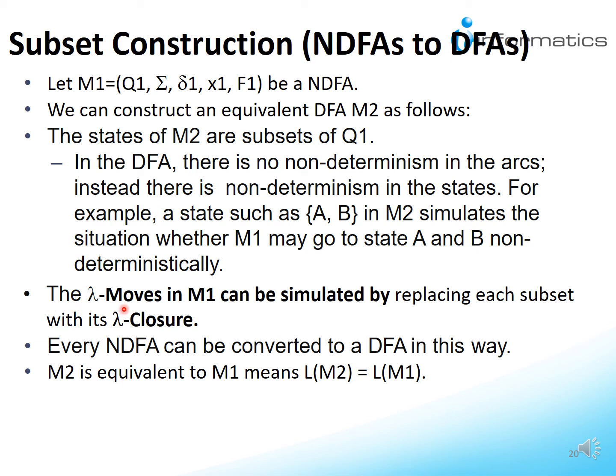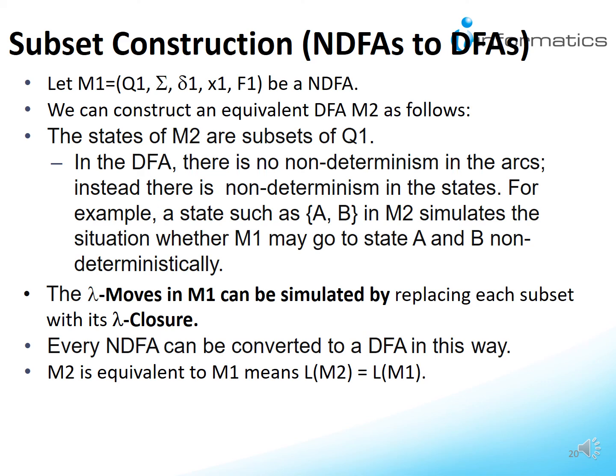The lambda move in the non-deterministic machine can be simulated by the deterministic machine by replacing its subset with its lambda closure. Lambda closure of a set of states is the expansion of the set through the use of lambda moves.